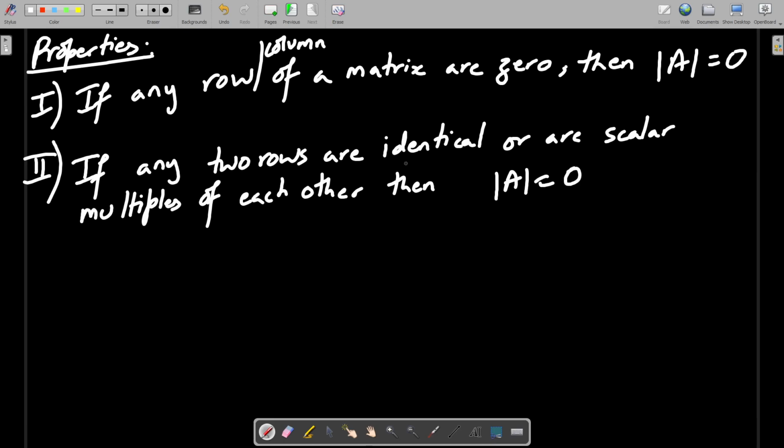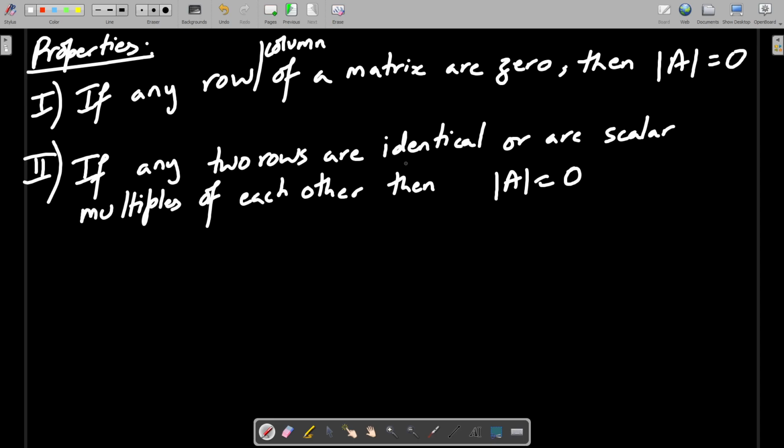Why is this so? Let me tell you the proof in brief. If two rows are identical, you can use one row to make the other row 0. The moment one of your rows becomes 0, your rank is less than n, and I told you earlier that then the determinant has to be 0.